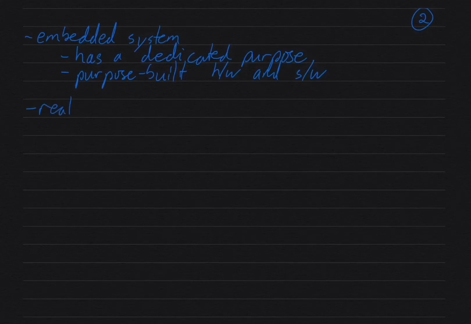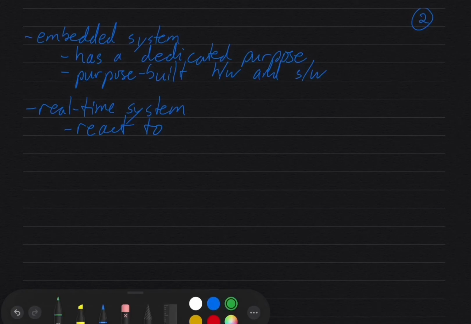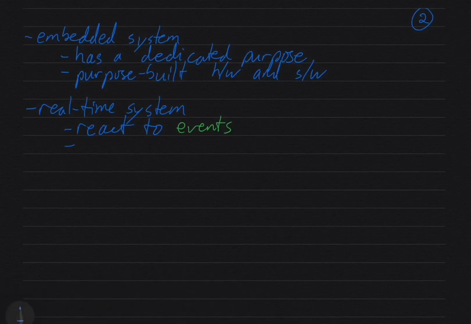Now, the real-time system. So I said that it has deadlines. Basically, real-time systems respond to events or react to events. So real-time systems react to, and I'm going to color this just to make it stand out, react to events, and that must be within a certain amount of time.